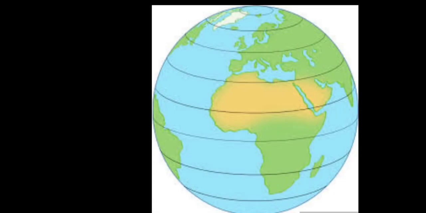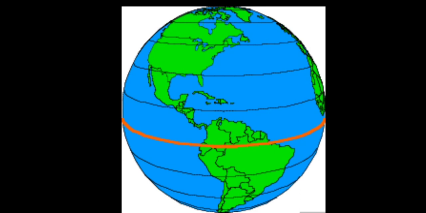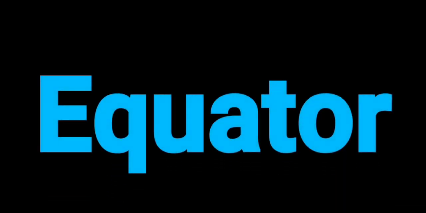Parallels of latitudes. Many circular lines can be seen on the globe. These full circles, which run from east to west and are parallel to each other, are called the parallels of latitudes. Equator is the largest latitude.